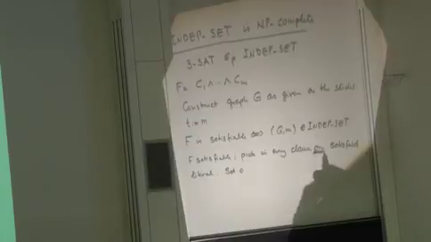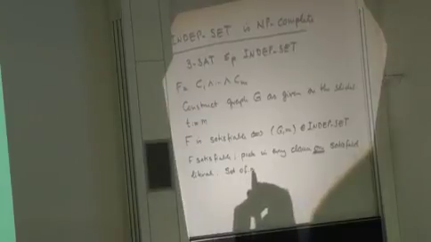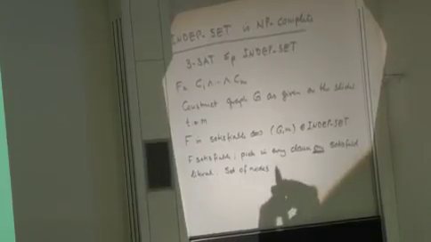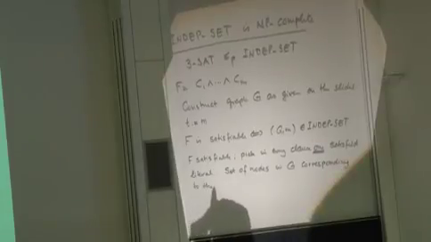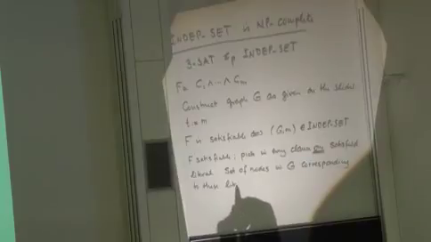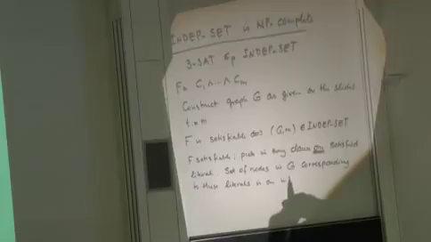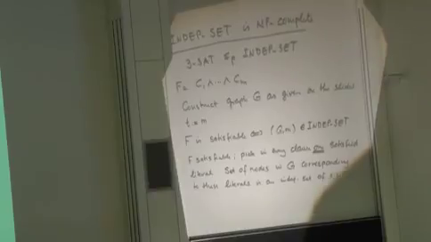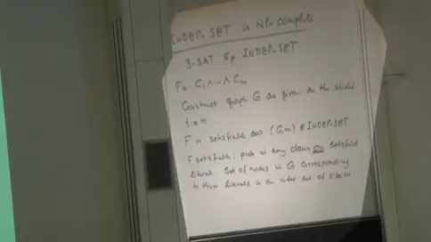Exactly, but you need to have exactly one. The set of nodes corresponding in G to these literals is an independent set of size M. So the size is M. It's clear because for every clause we picked one. So the size is certainly M.